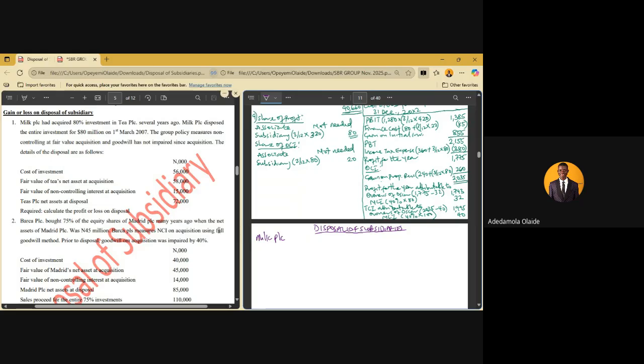All right. So Milk PLC, we have them daily. So the calculation of profit or loss to the parent only. We'll have disposal proceeds.